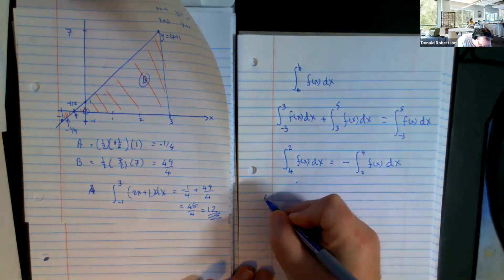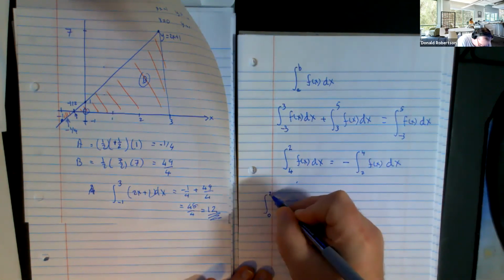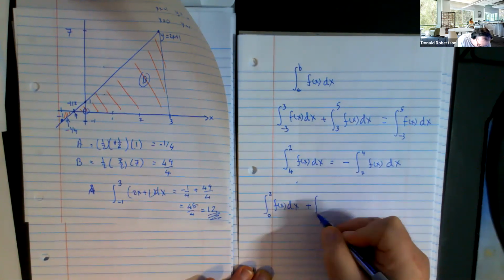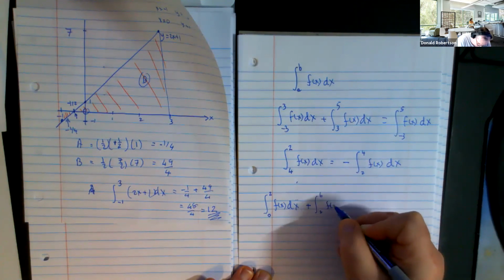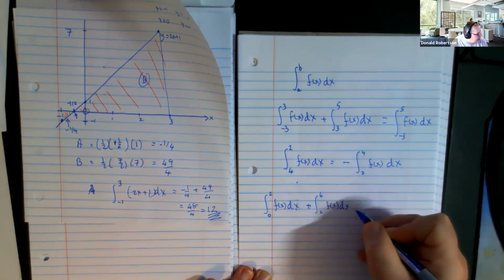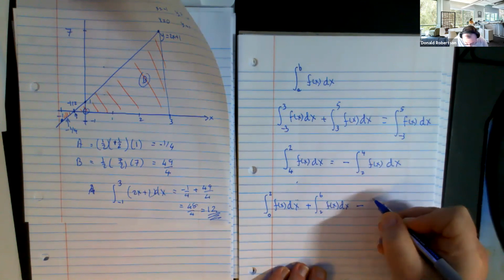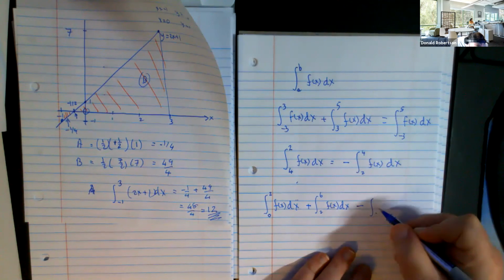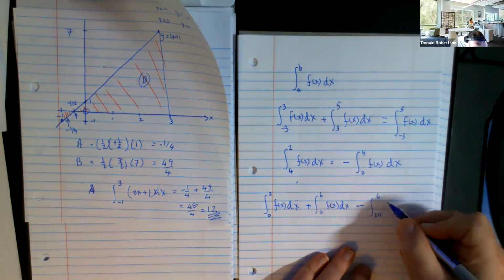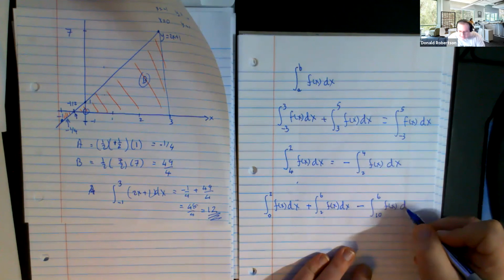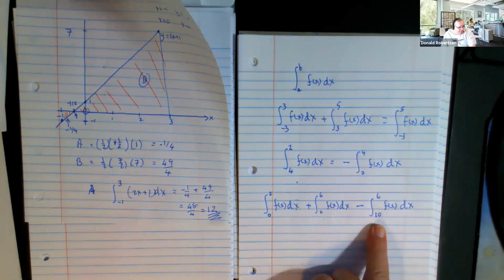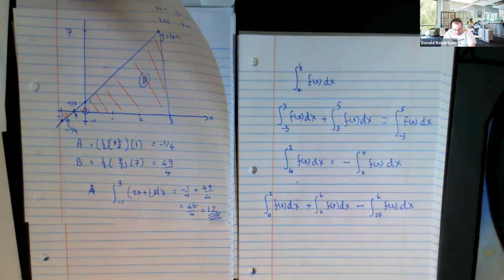So suppose I gave you the integral from 0 to 2, and then it went from 2 to 6. And then it had take away that one. That one is back to front and upside down, isn't it?